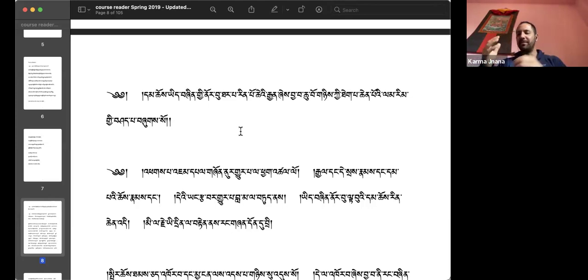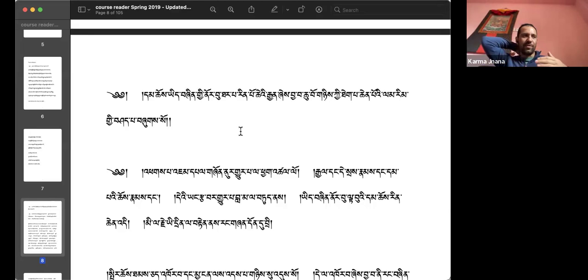Before Atisha, the wild Ngakpas in Tibet were tantrikas doing all these crazy things, and they had kind of forgotten about Sutra. There was no foundation on the Sutric path, which is very dangerous. So Atisha reestablished this, based on a text called the Lamp for the Path to Enlightenment. It's a short text that unites gradually, starting with Sutra and developing all the way to Tantra.